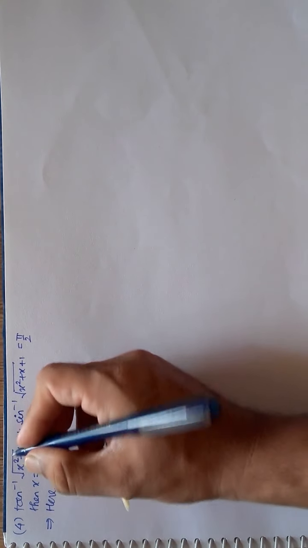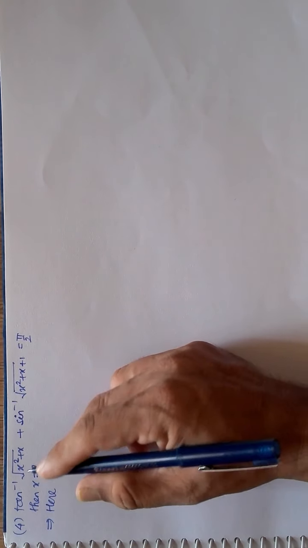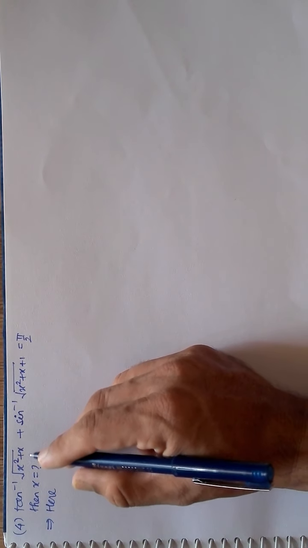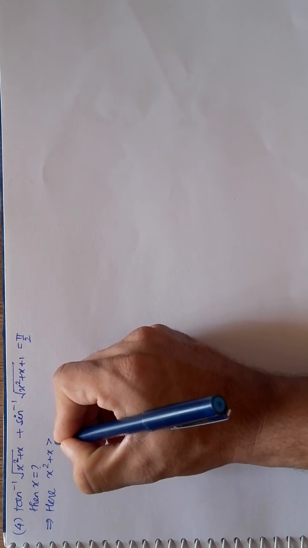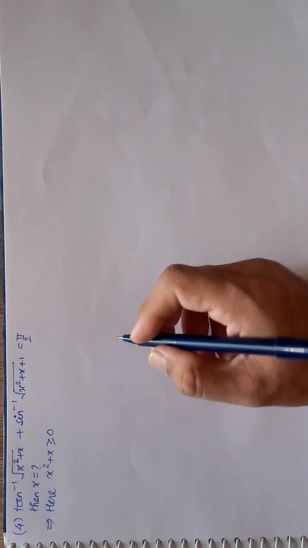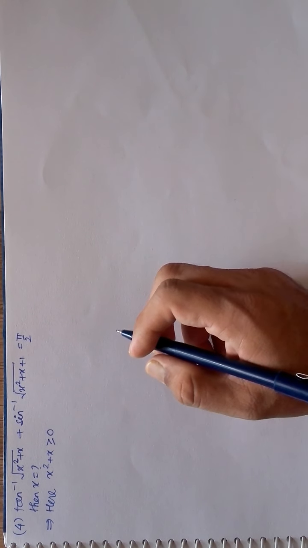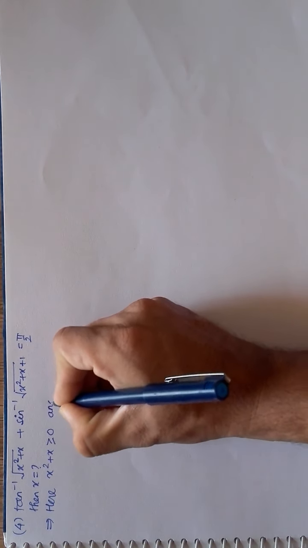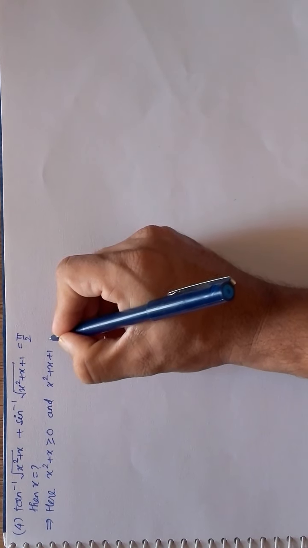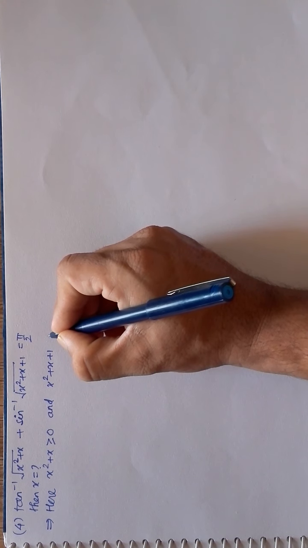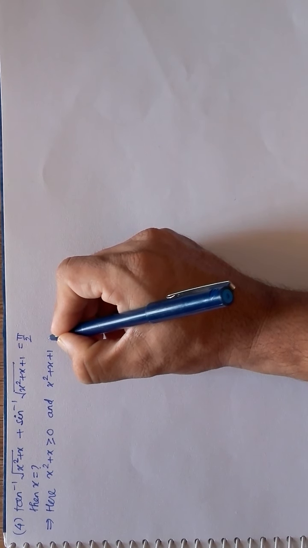That is, if this is to exist, tan inverse under root is there, right? So under this particular root, the value must never be negative. So here x square plus x must always be greater than or equal to 0. Okay. Also x square plus x plus 1 for sin inverse must be greater than or equal to 0, right?